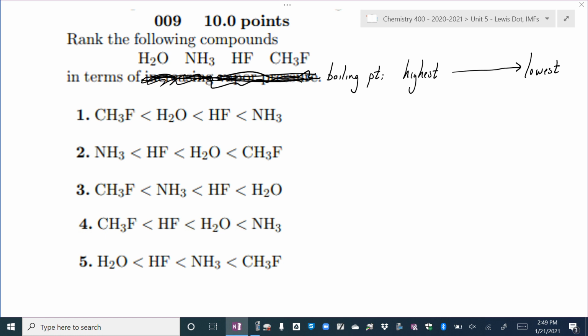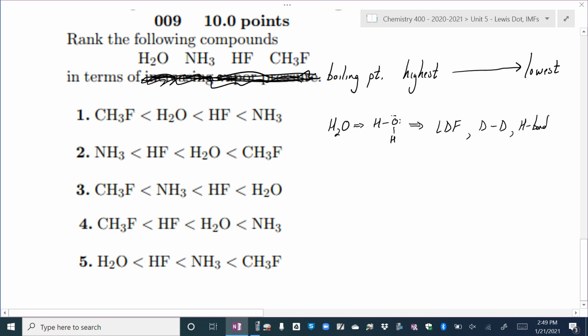So let's go through each one of these molecules. I'm going to start off with H2O and work our way from left to right here. So H2O, right? I would hope that you guys can easily draw the Lewis dot structure for H2O. We have our bent shape here, and I would also hope that you would identify that, hey, this has LDFs, dipole-dipole attraction, and it has hydrogen bonding.